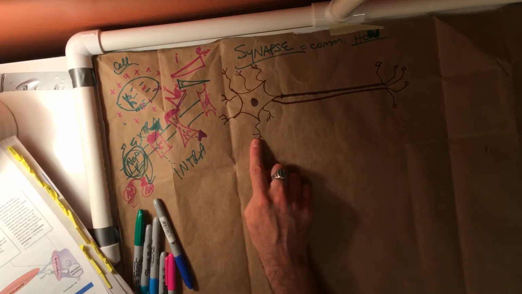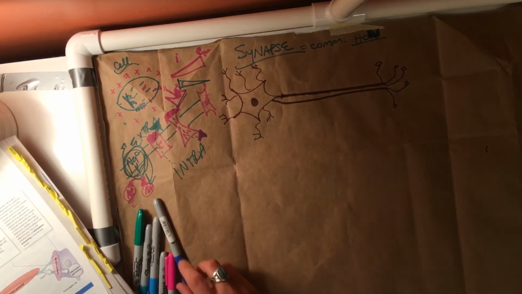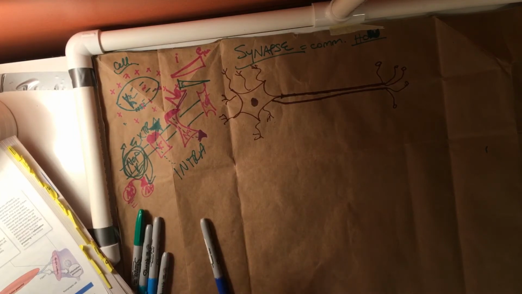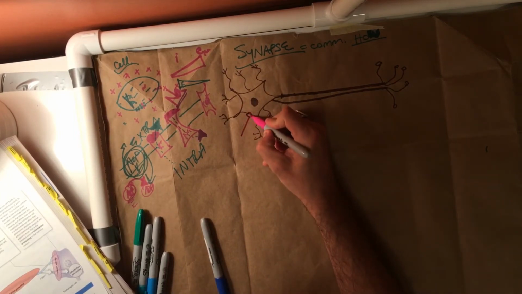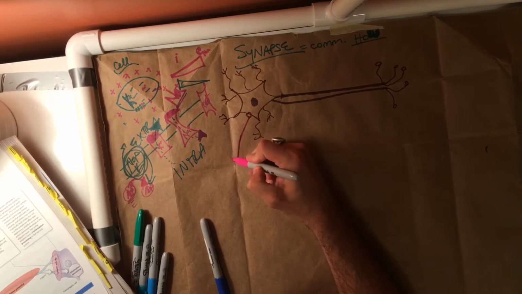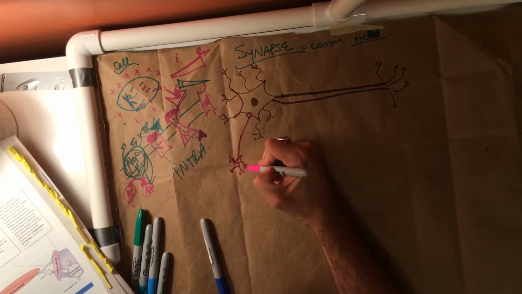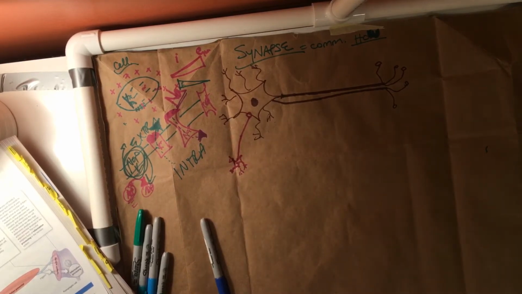These dendrites and this cell body actually get synapses from other neurons. And not just one, but many.